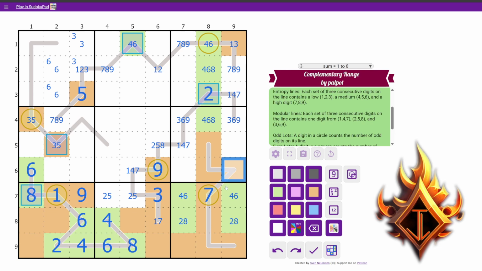That's okay. Can 9 go there? Yes, it can. Oh, 9 is right here.